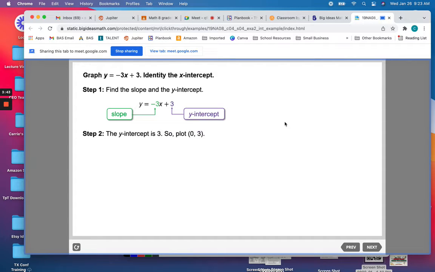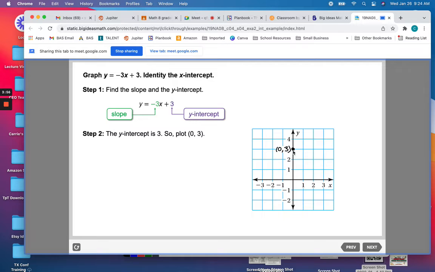When the y-intercept is 3, you can plot it at 0, 3, because whenever the graph is crossing the y-axis, x is 0. Does that make sense? It crosses here, so we don't go left or right at all. X equals 0. Do you see that point? Somebody say yes, so I'm not talking to myself.